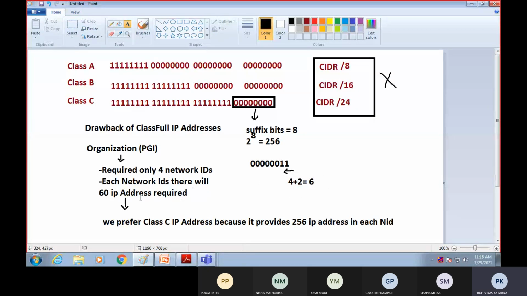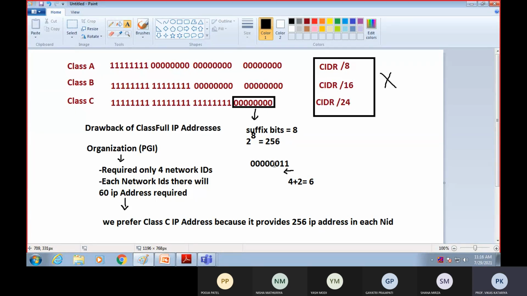Now let's convert it according to our requirement. We require 60 IP addresses. So how many bits do we have to set to 1 in the host bits? If we set 2 bits, it provides 6 IP addresses.